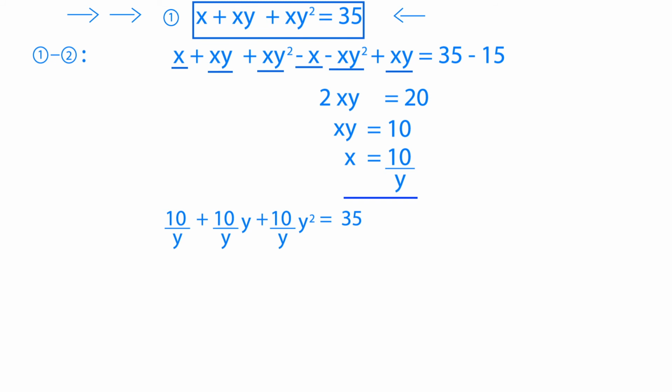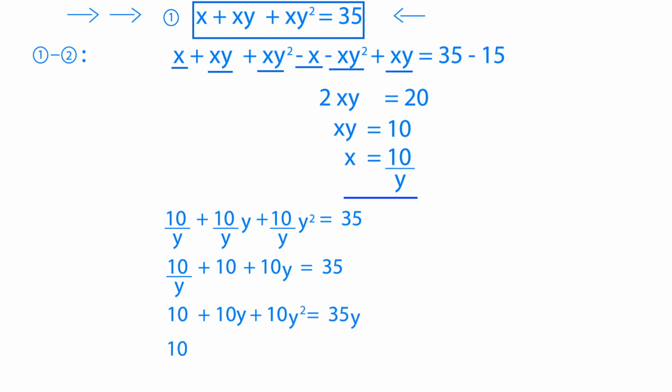Well, let me simplify it first. 10 over y plus 10 plus 10y. There, that simplifies it a little bit. Now I can multiply through by y. So I got 10 plus 10y plus 10y squared is 35y. So this becomes 10y squared minus 25y plus 10 is equal to 0.